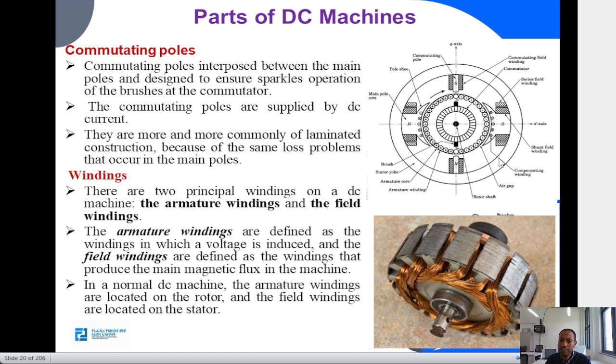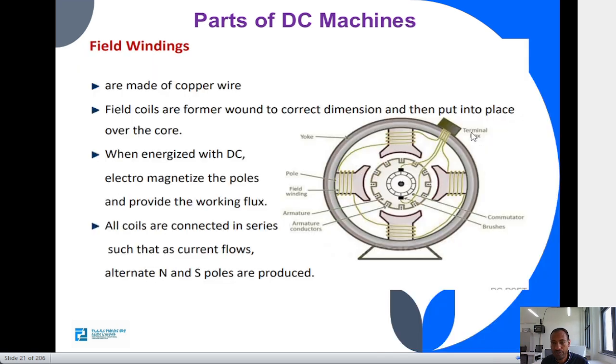Basically, armature winding and field windings are the kind of windings you may get in each and every DC machine, and the compensating winding and the commutating poles are introduced additionally to reduce the armature effect on the DC machines.